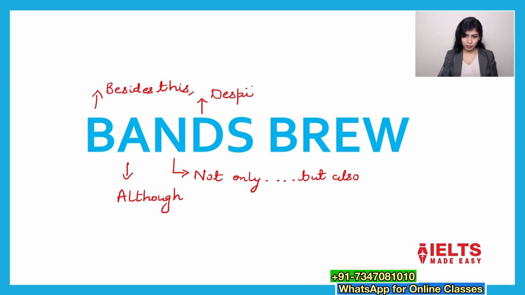despite or despite this. S is for since. Again B is for because of, for specifying a reason. R is for rather than.